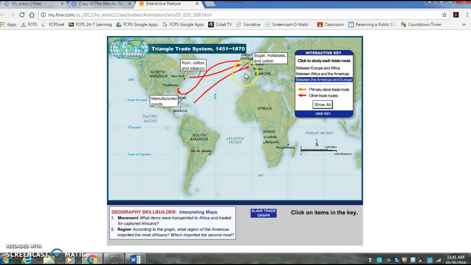They're going to turn these things into the item you actually want. So cigars and clothing and rum, as well as other things. So the colonists are giving them the raw good, and they are turning it into a manufactured good.